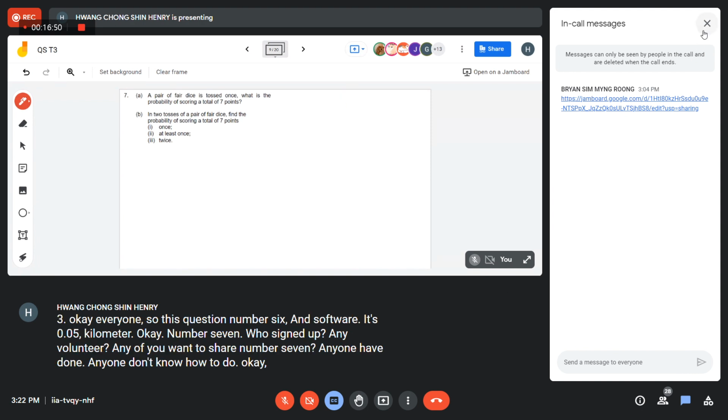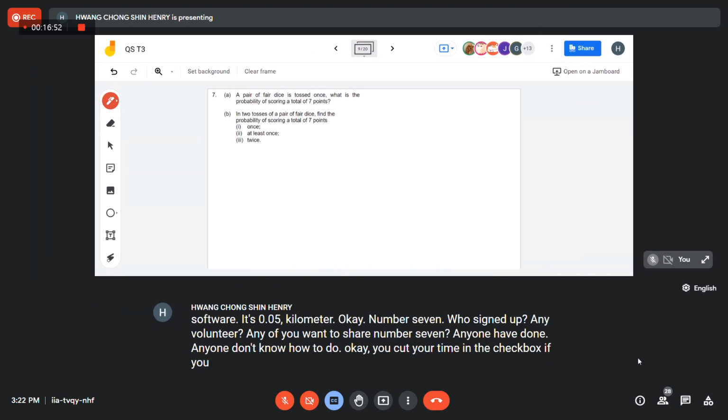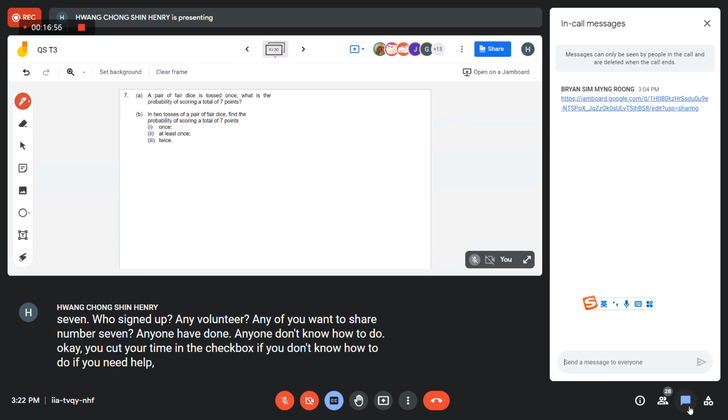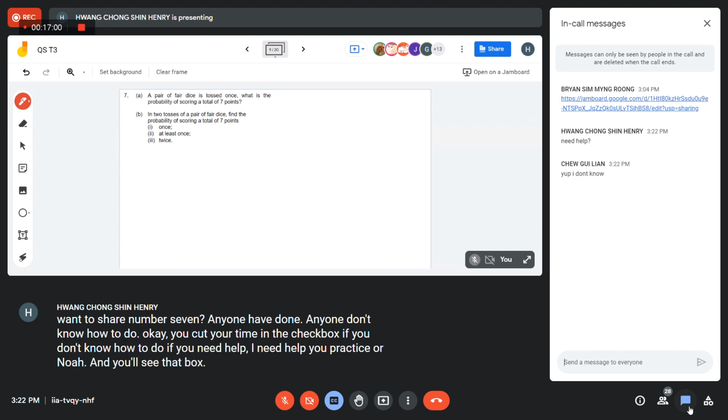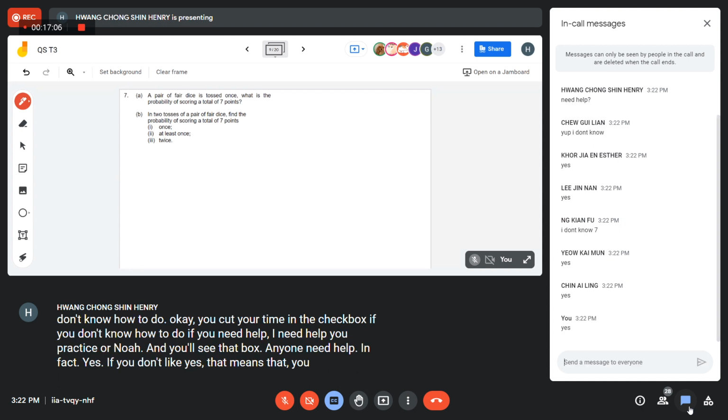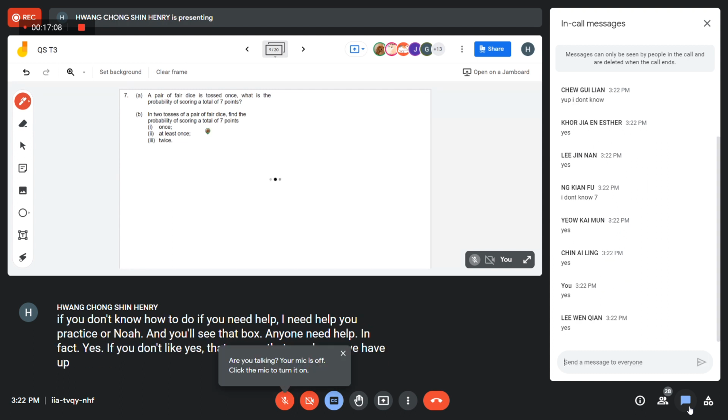Okay, you type in the chat box if you don't know how to do. If you need help, you type yes or no. Can you see the chat box? Anyone need help? You type yes. If you don't type yes, that means you don't need help. Everybody needs help.